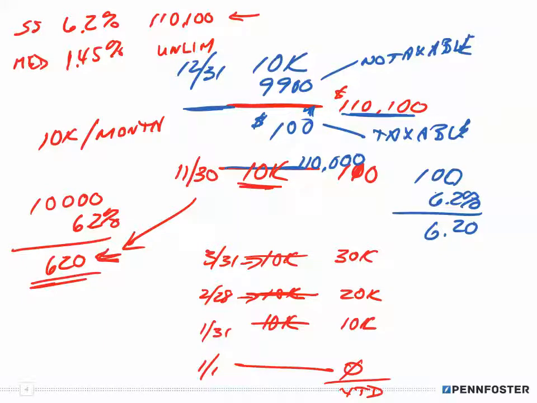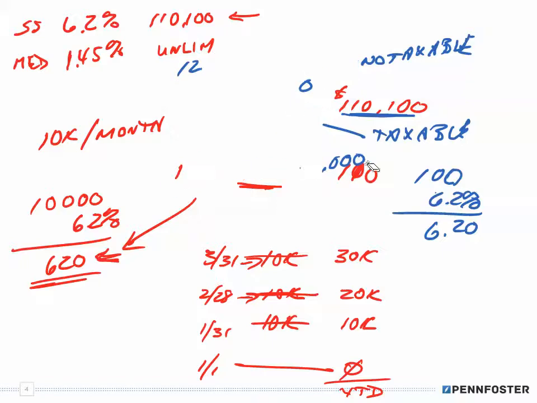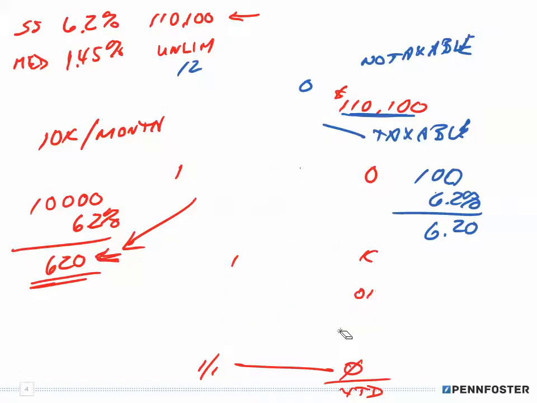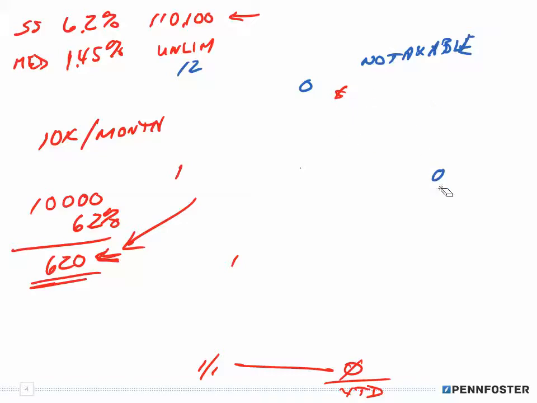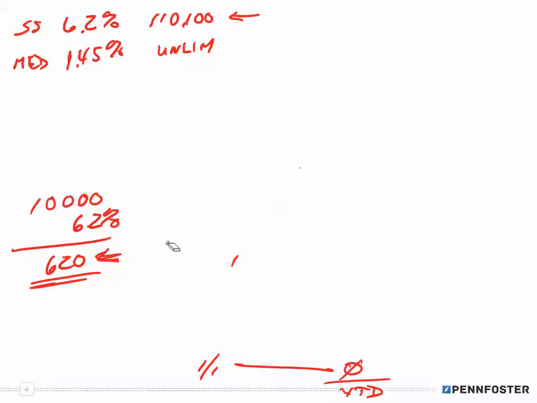I'm at almost 20 minutes here, and I'm going to give one more example to try to explain this, because a lot of students get stuck on this. Here's my limit of $110,100.